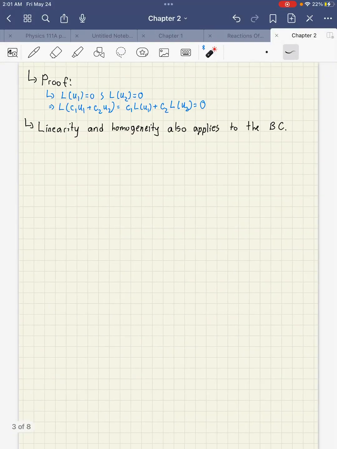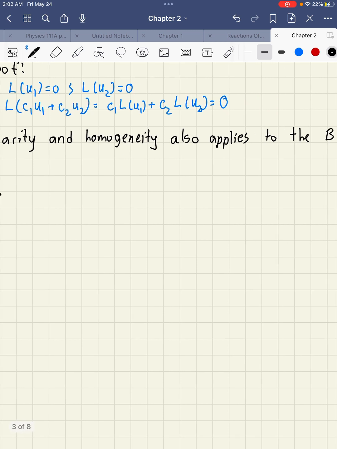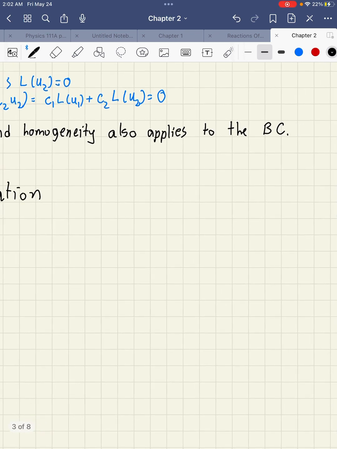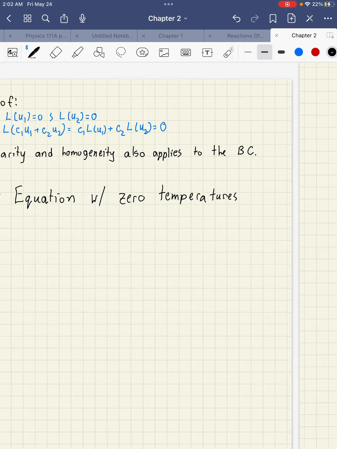Okay, now based on our understanding of what is required, let's start to solve an example of PDEs using this method, considering both linearity and homogeneity. So our example is called the heat equation with zero temperatures at finite segments.